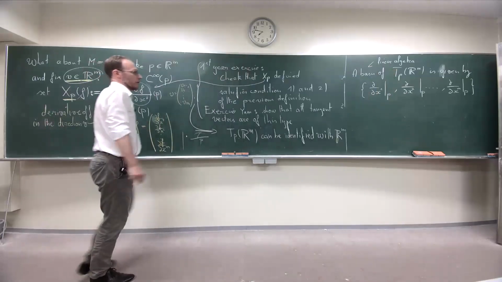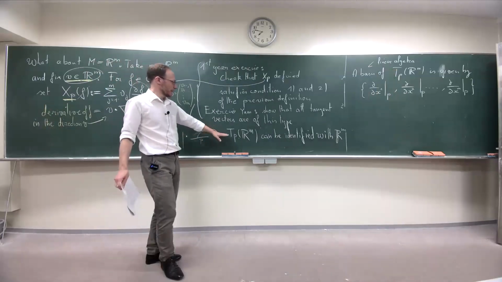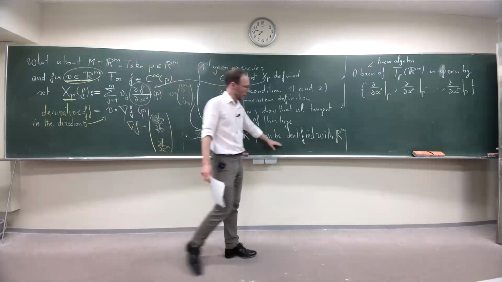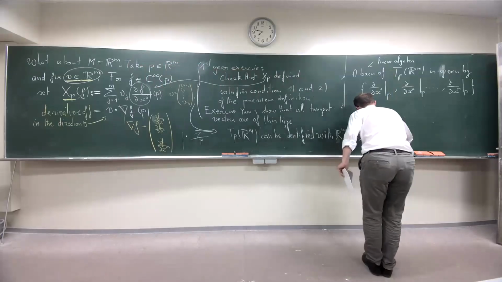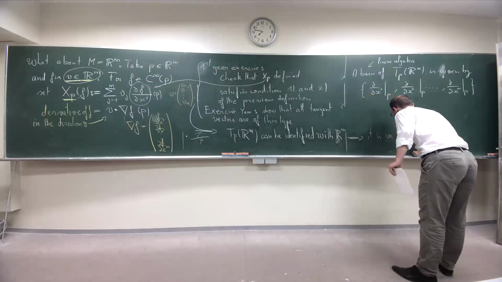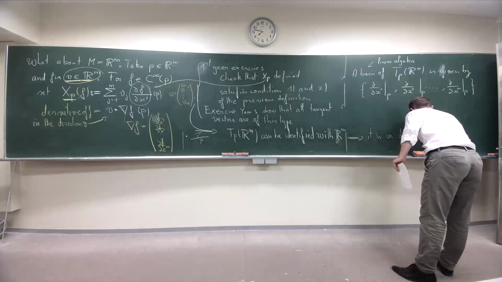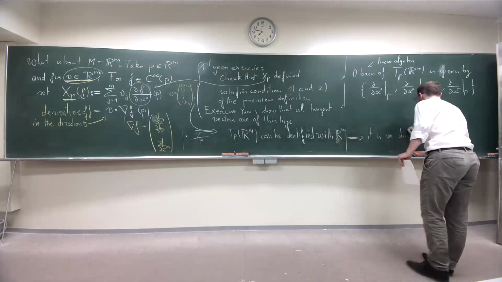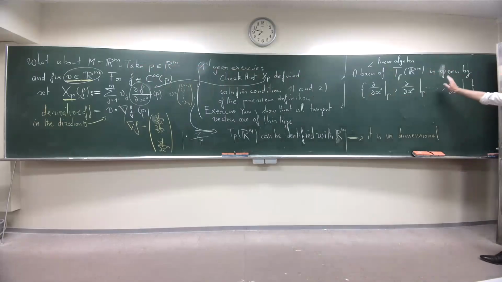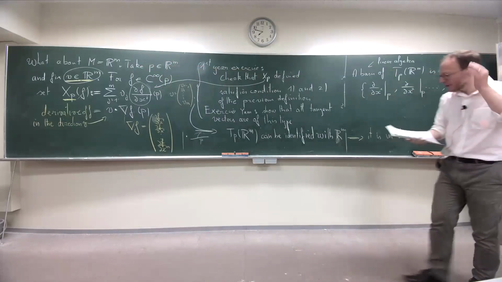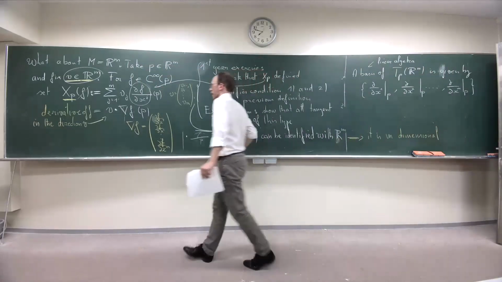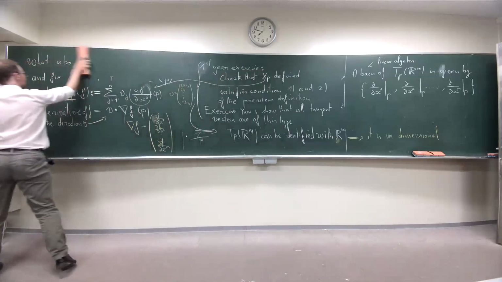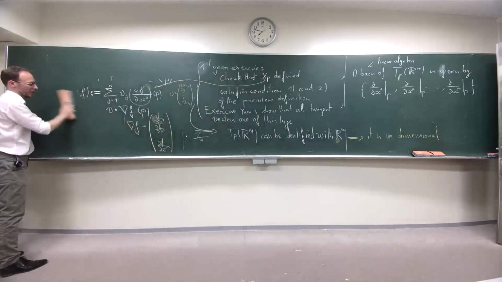So we have everything. This T_p of R^m can be identified with R^m. So it means in particular that it is m-dimensional. And we have a basis given by this thing. I know you really need to read this a couple of times before you get convinced that it's meaningful.